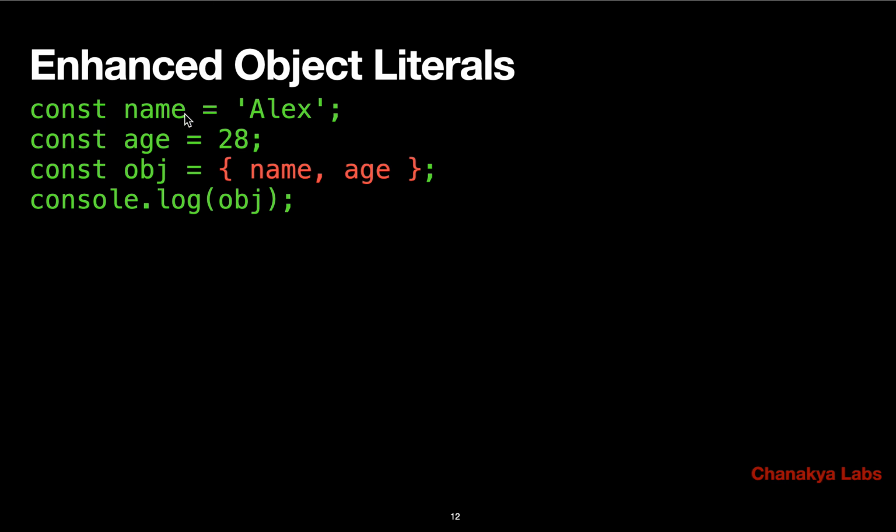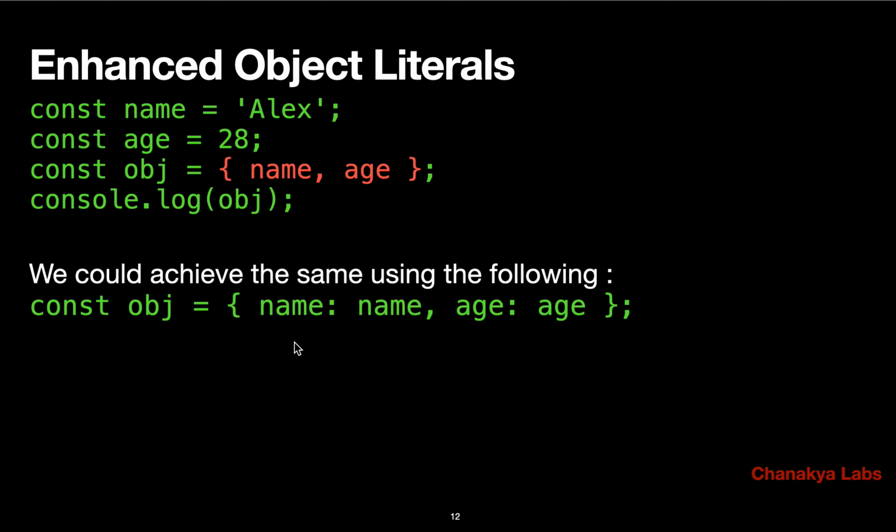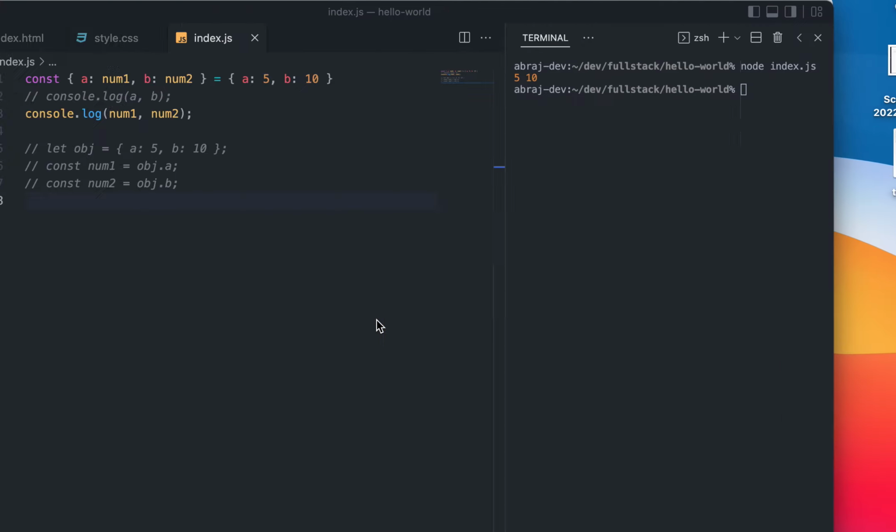You understand? So name is Alex, age is 28. Now I want to create another object where the key is name and the value is Alex. I need to write something like this in general. So name is the key and the value is name. Here you can hard code any value, but you can use variables also, right?